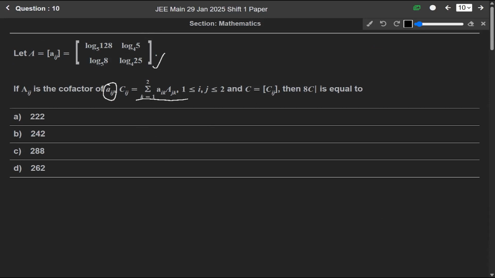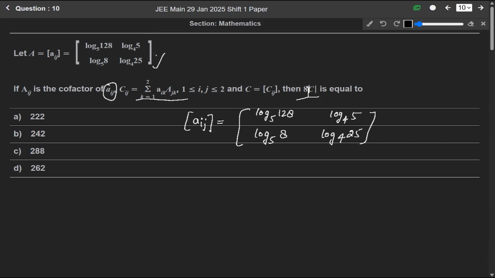And we have to find 8 modulus C. So we are given the matrix with entries log 5 base 128, log 4 base 5, log 5 base 8, and log 4 base 25.